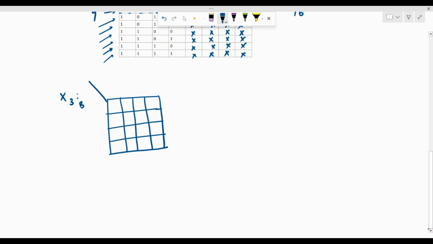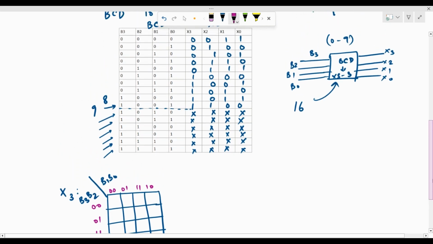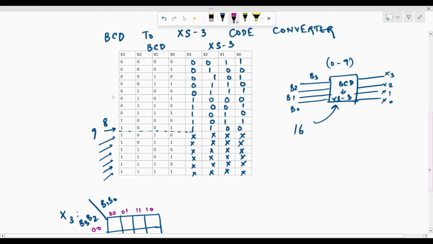Here we have B3, B2, B1, B0. This is going to be the gray code representation. Now we can fill up the squares corresponding to x3, right? So here we have 1 for 5, 6, 7, 8, and 9.